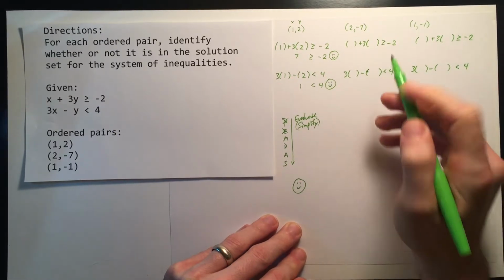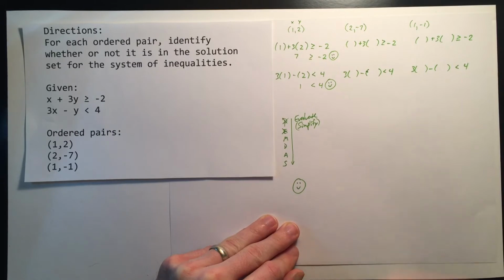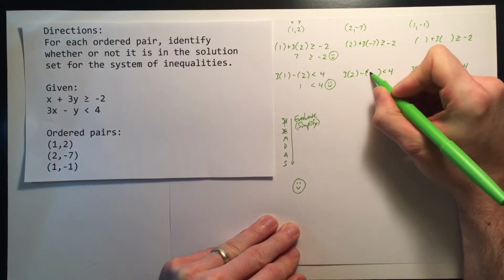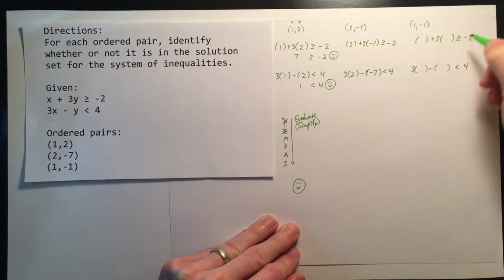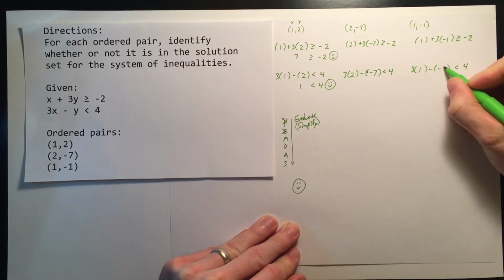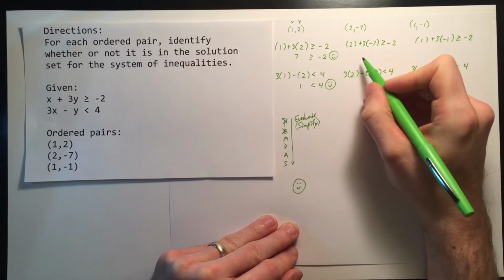Okay, so the point that I'm plugging in this time, substituting, is 2 for x and -7 for y. I'm just going to go ahead and do it for both right away here. And then I might as well set up my last problem as well. And then my only job is to go through and do the evaluation, simplify each one.